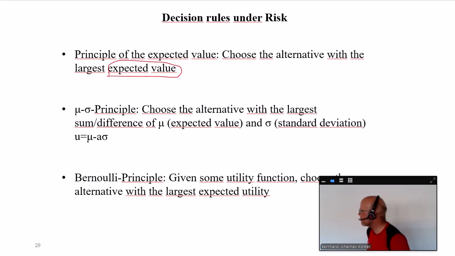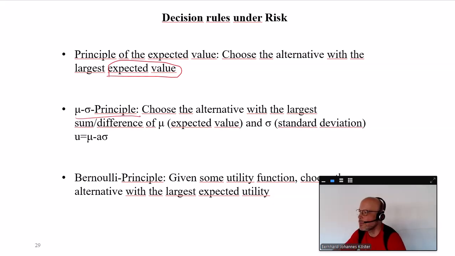Then in general, we say, well, within our decision, we incorporate not only the expected value, but also the fluctuation. And this is the so-called mu-sigma principle.